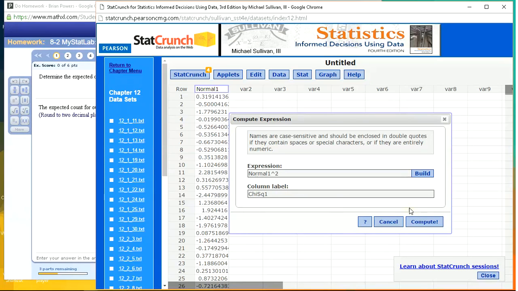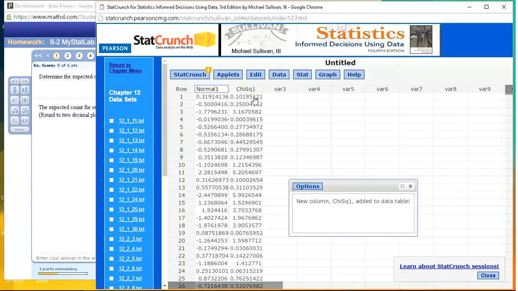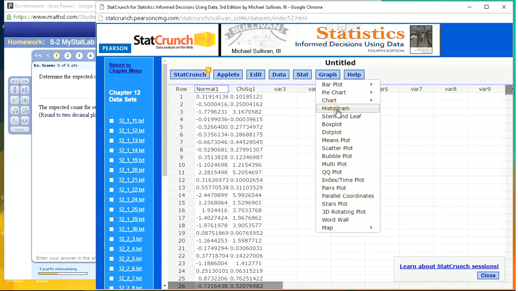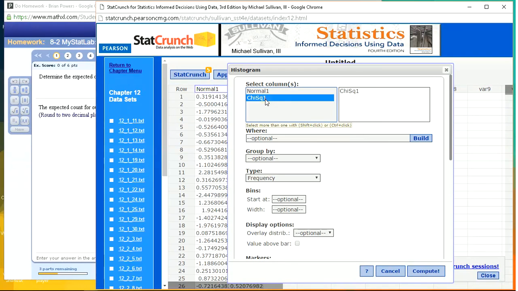I'll call it chi square 1 just to be consistent with the numbering. It'll put this in this new column. So this new data, if I was to graph a histogram of this data in this column, let's look at that.